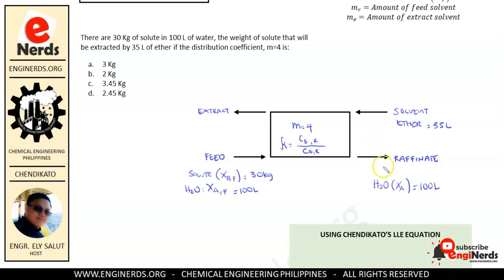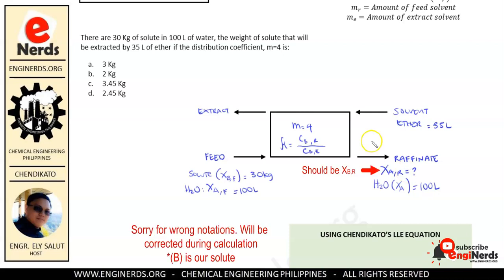But we do not know what is the amount of solute na naandito sa ating raffinate. So, this will be XAR. So, hindi natin alam yung value niyan. At this point, ang hinahanap is yung amount ng solute na nasa extract. So, that will be XA in the extract. So, ito yung required natin, ano?